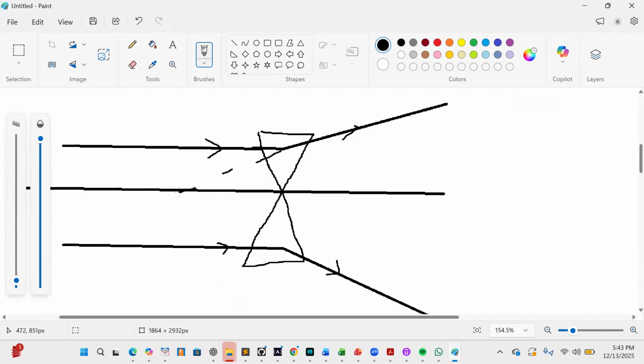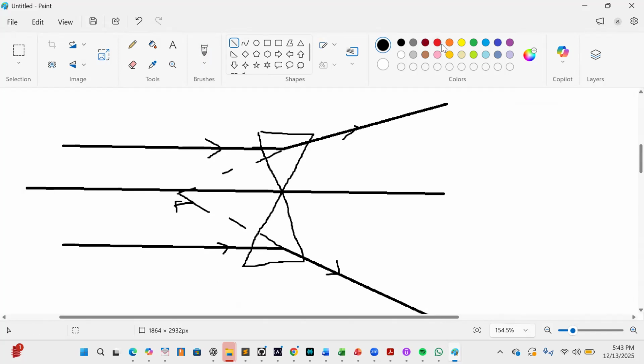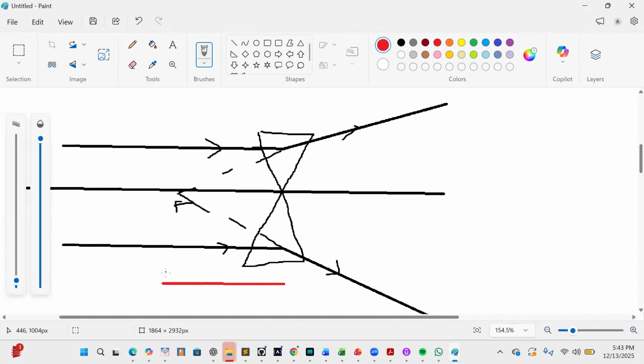They form a virtual image at the focal point. So that's focal point two. At that distance, just like we did for the convex lens, is the focal length of the concave lens.